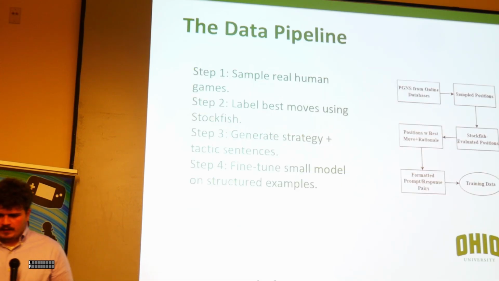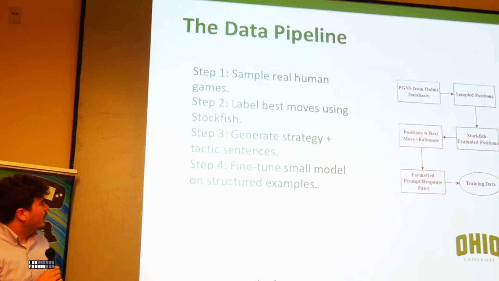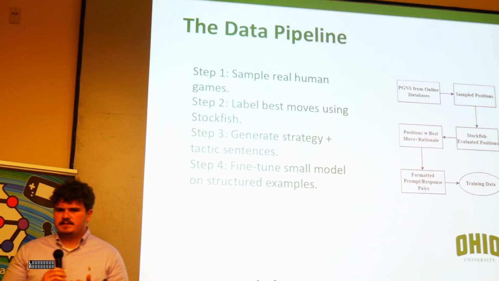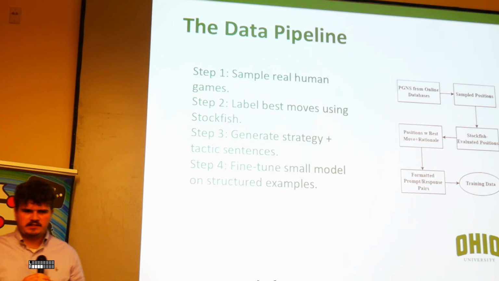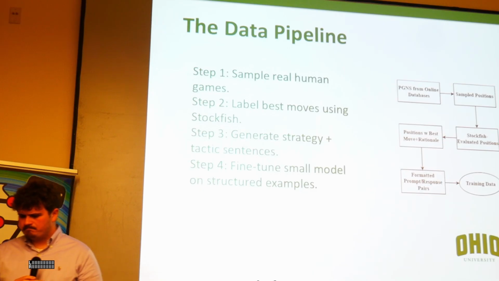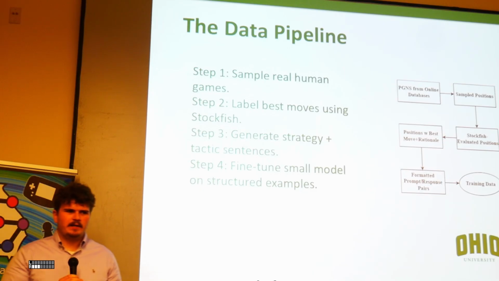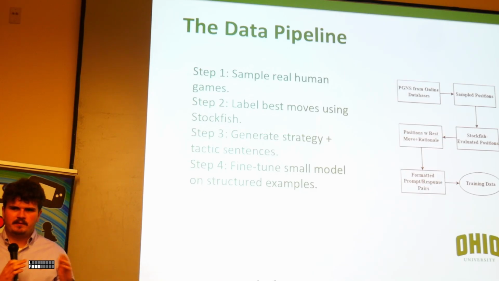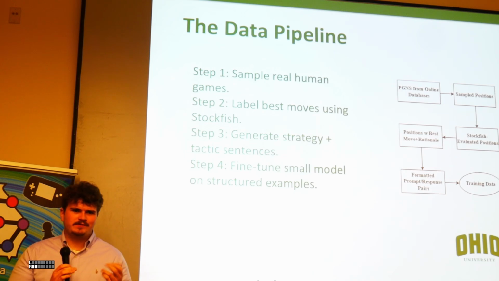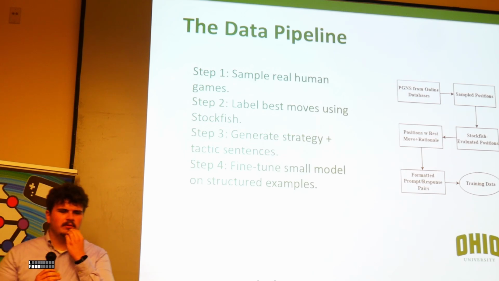Our pipeline is a bit different. We just look at games which are played. From Lichess, we grab games which were played by players online. Some subset of players are average 1,000 ELO level players.